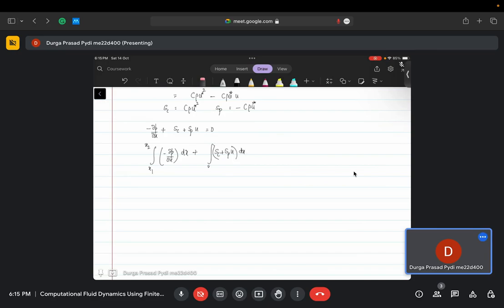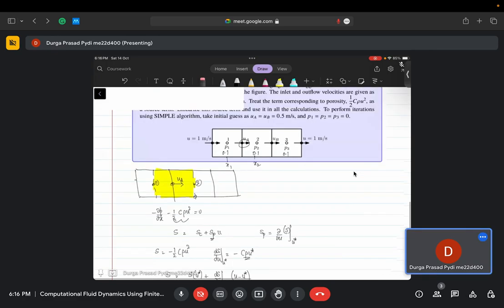So this first term will be minus of p2 minus p1, as dx essentially becomes dp. And SC times the integration of dx from x1 to x2 is delta x, plus for the second term, uA delta x. Your midpoint is A, so you just write uA times delta x.